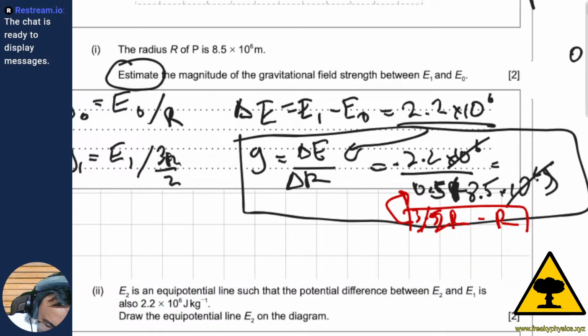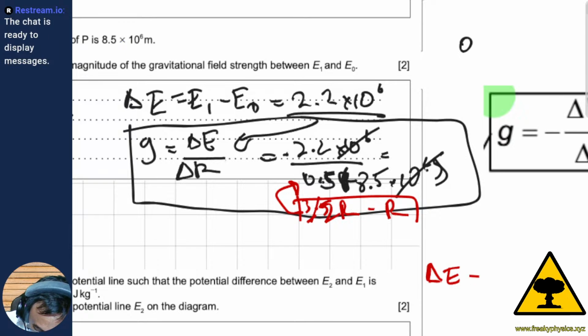Okay, so remember, let's put it here, delta E. We'll use E in this case because that's the letter used. This should be equal to E2 minus E1, and this should also be equal to, let's use the formula, G big M over R, and then minus G big M over 3R over 2.